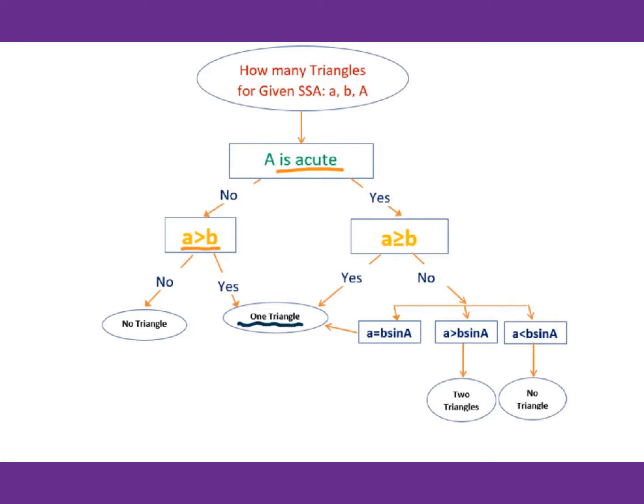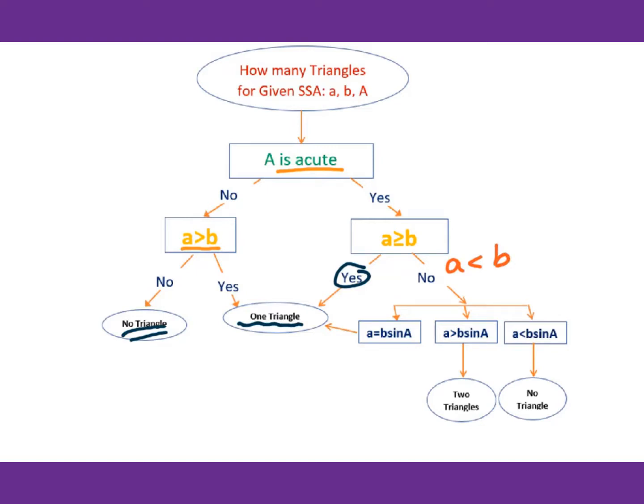If a less than or equal to b means no triangle. If A is an acute angle, then you need to check whether a is greater than or equal to b. If yes, then it means one triangle. If a is not greater than or equal to b, that is when a less than b.